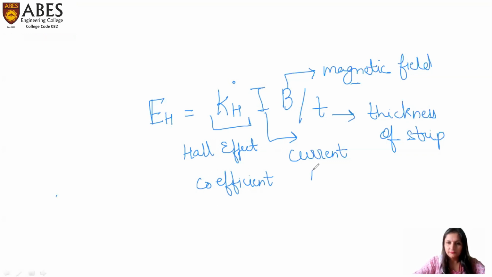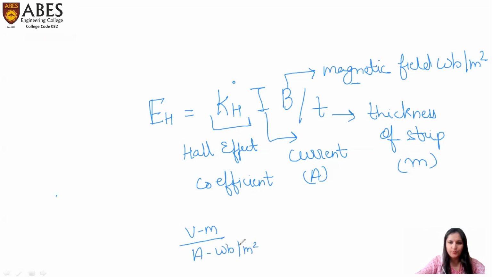The current will be in amperes, the thickness of the strip will be measured in meters, and the magnetic field will be calculated in Weber per meter square. And this KH, the Hall effect coefficient, will be in volt meter per ampere Weber per meter square. So here we get an EMF which is produced.